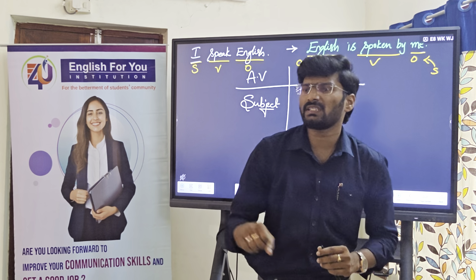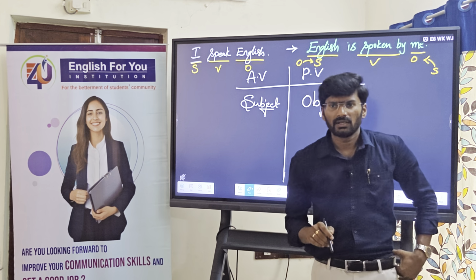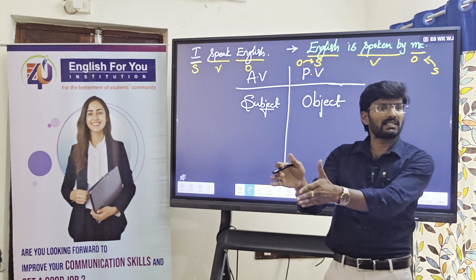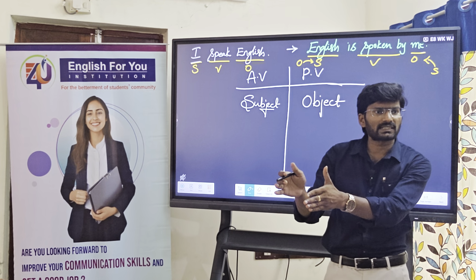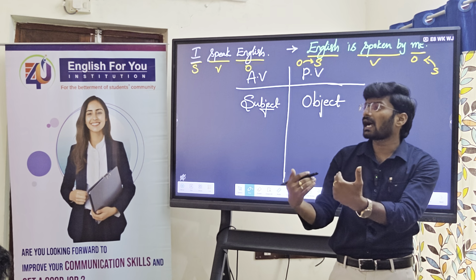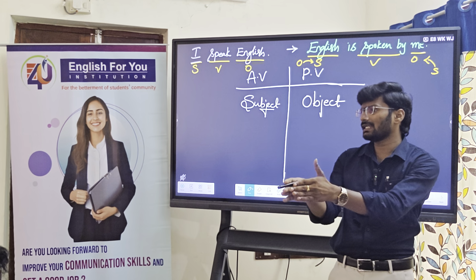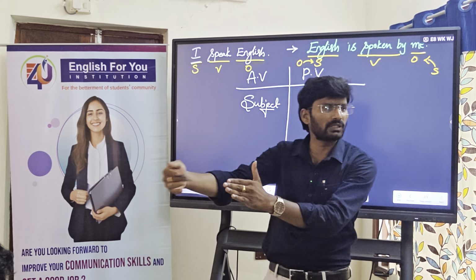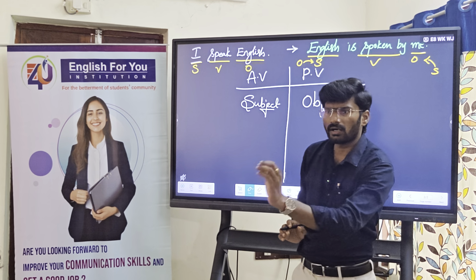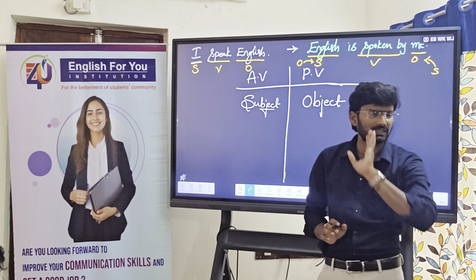What if I say he speaks English? Who is the subject? I'm not talking about myself actually. I'm talking about he. Both the objects are the same. I speak English. He speaks English. When I say I, I am the doer. When I say he, he is the doer, the one who is doing the work, right? So here we are highlighting I or he or she or somebody else.